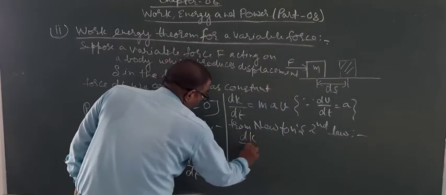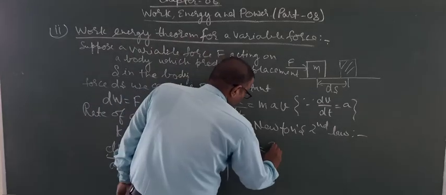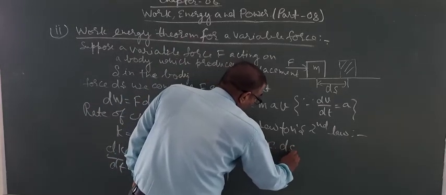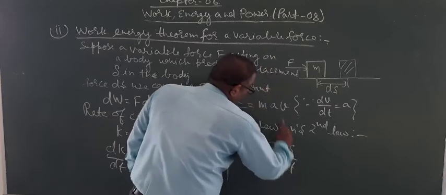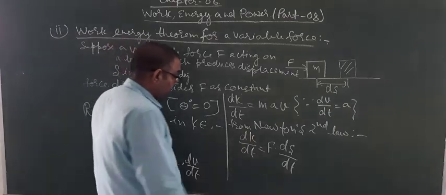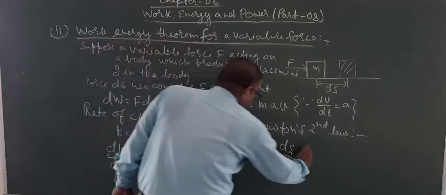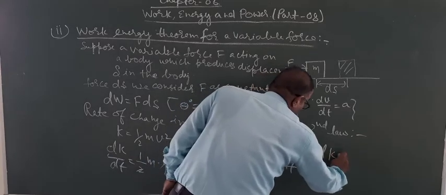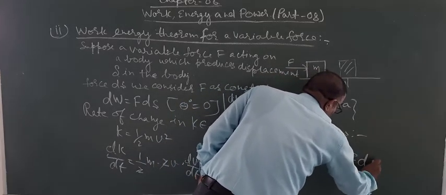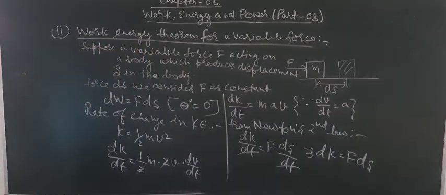dK upon dt is equal to F into ds upon dt, because v is the rate of change of displacement. Now it will be cancelled out, and we can write here dK is equal to F into ds. dK is F into ds.